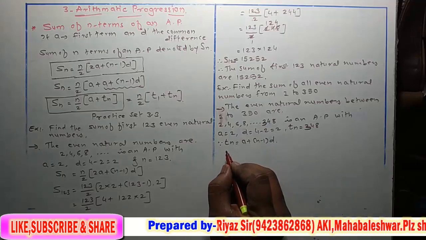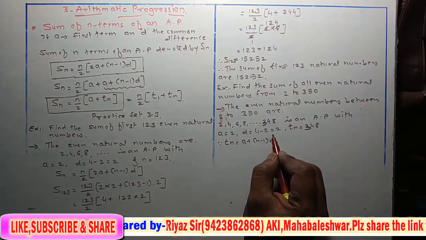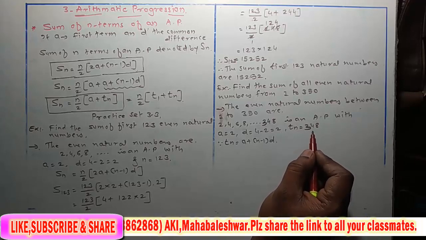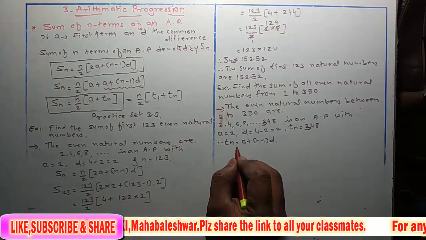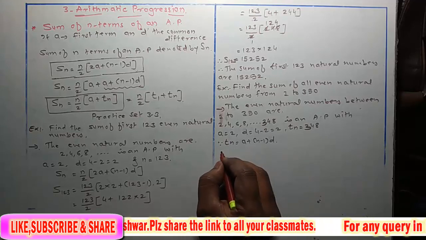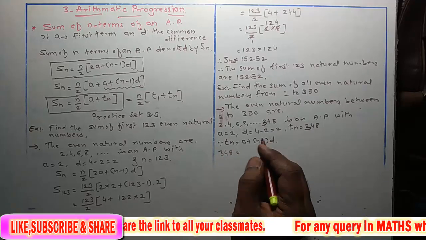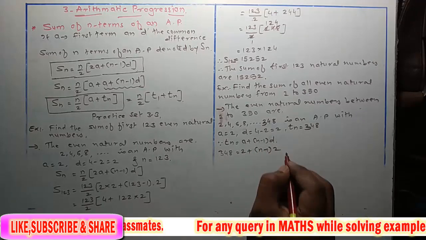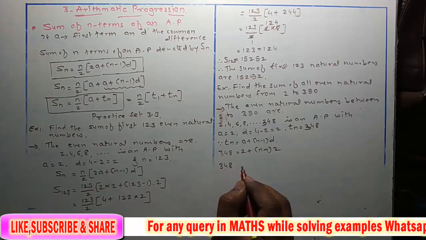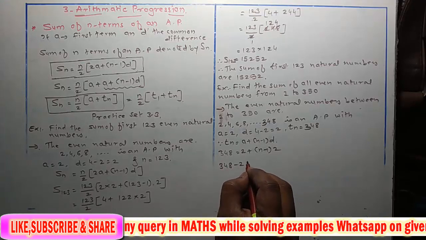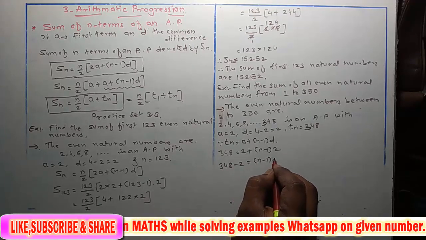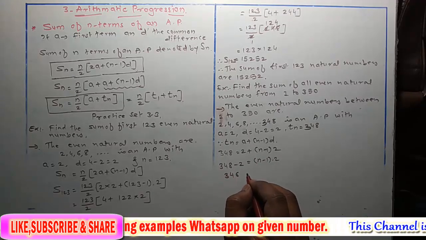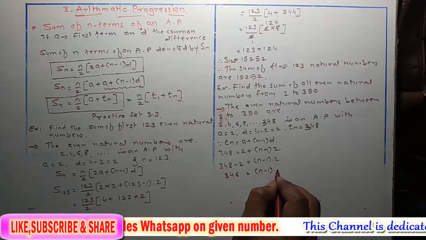Last number will be 348. Okay, so A is equal to 2, D is equal to 4 minus 2, that is 2, and Tn is equal to 348. This is the last even natural number. So the formula is Tn is equal to A plus n minus 1 into D. So 348 is equal to 2 plus n minus 1 into 2. So this 2 gets subtracted here: 348 minus 2, that is 346, is equal to n minus 1 into 2.